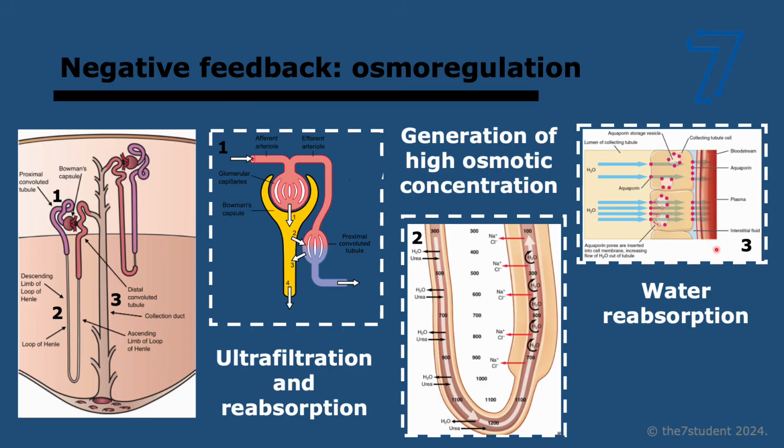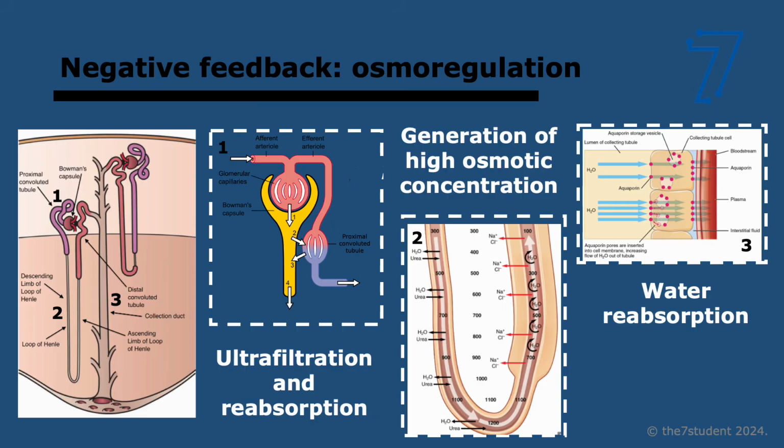All right. So how is water reabsorbed? It depends on ADH. ADH is a hormone which, depending on how much water you need, causes more or less water reabsorption. So basically, if there's high blood osmolarity, so it's very concentrated, that triggers osmoreceptors in the hypothalamus, and that signals to the pituitary to release ADH, okay?